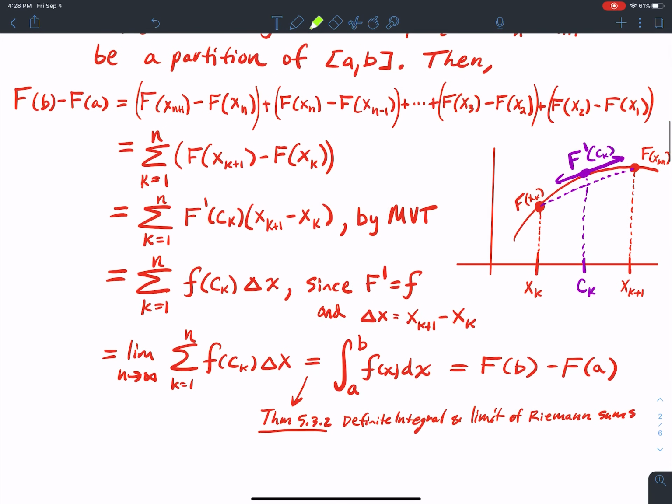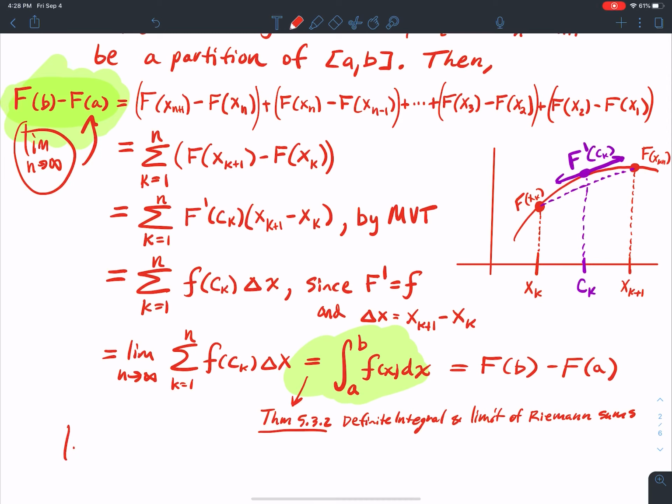Okay, and then what do I know? If this is equal here, then that means this is equal here, because this is not dependent on the limit as n goes to infinity. So the limit as n goes to infinity of capital F of b minus capital F of a is still capital F of b minus capital F of a.